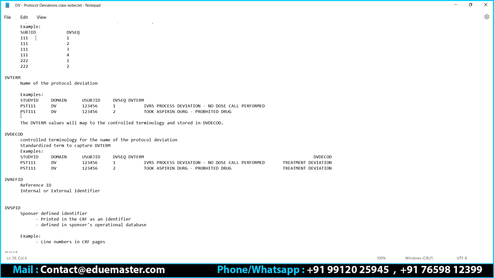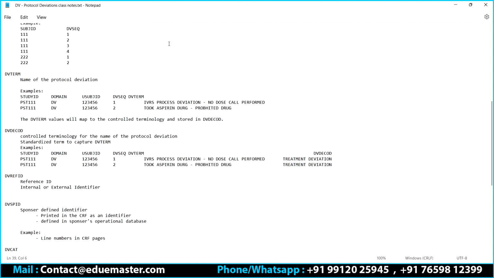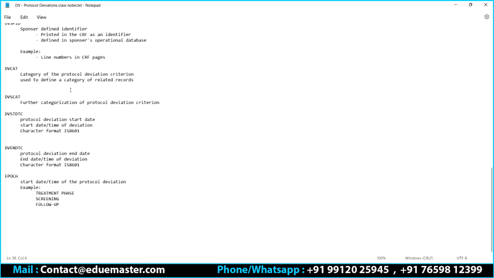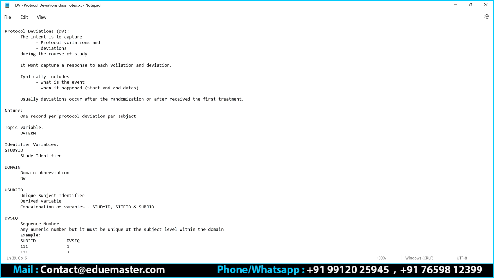Correct. See, it is all about what the effect is, how the interventions of your study drug act on your subject. Yes, only the study drug. Okay. So you always need to talk about how it will be mentioned there, how it is going to be displayed here.